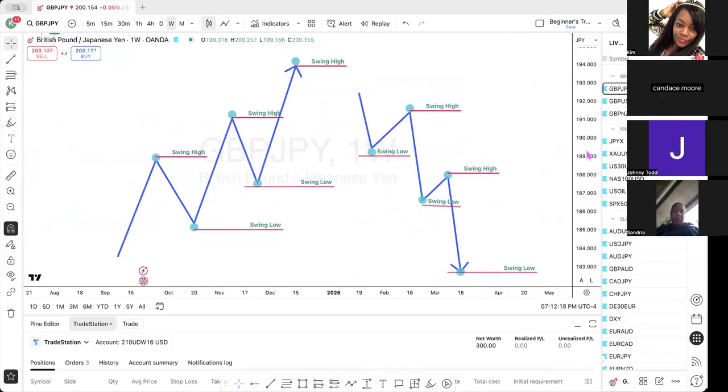With that being said, there are a couple of things. The market is never moving this perfect. Okay. Never, ever, ever. You won't ever see it moving this perfect, but you have to train your eye to identify these highs and lows.